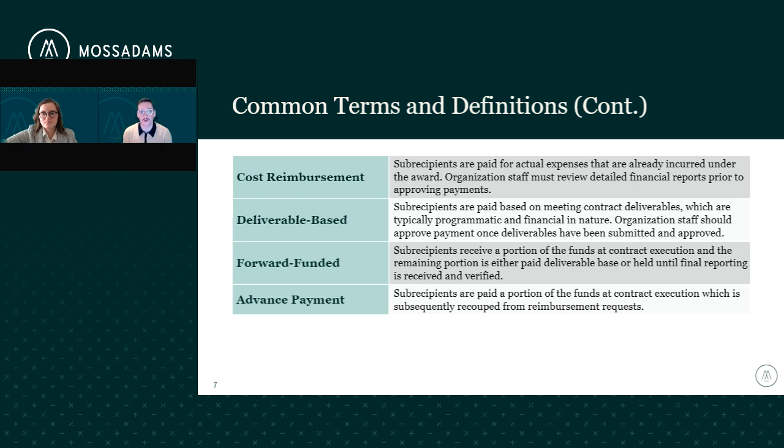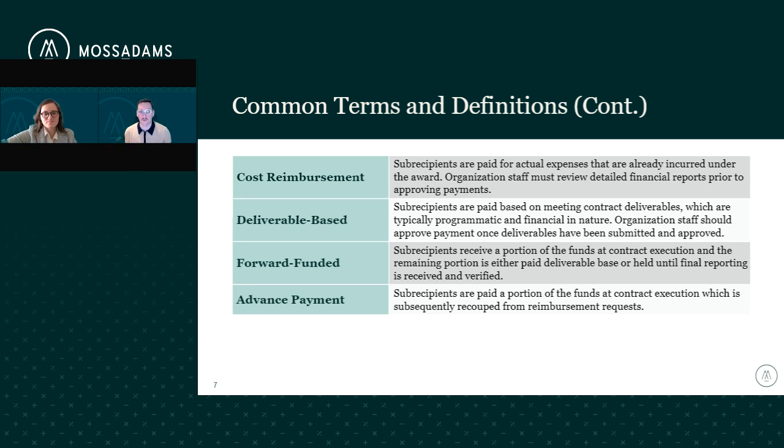Forward funded. So a forward funded contract would mean that subrecipients receive a portion of the funds at contract execution, and then may be paid out later, either based on deliverables, or it could be based on reimbursement or other performance measures that must be met first.